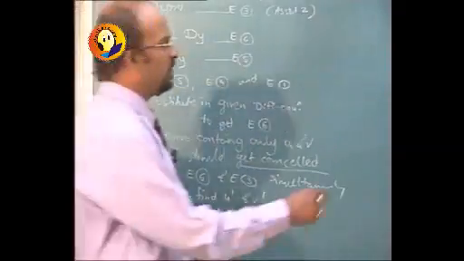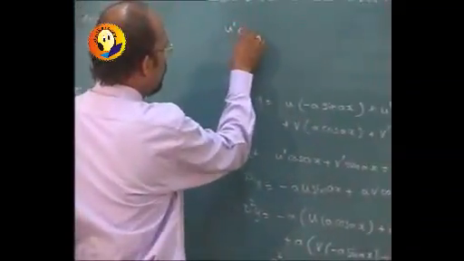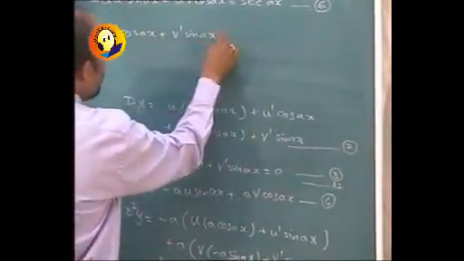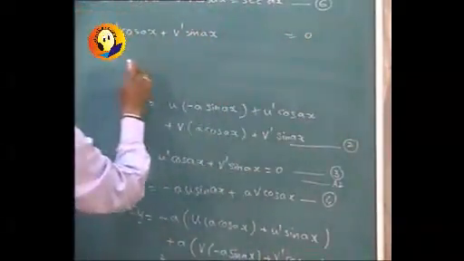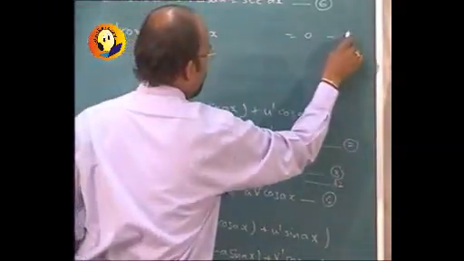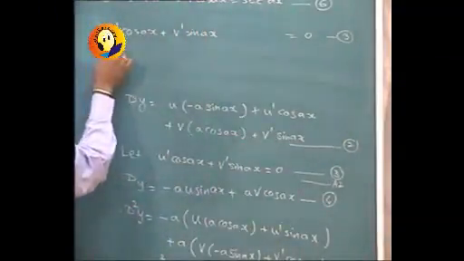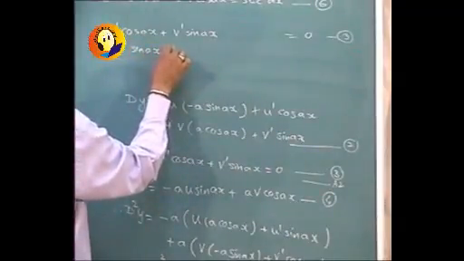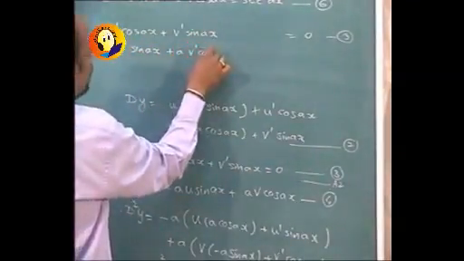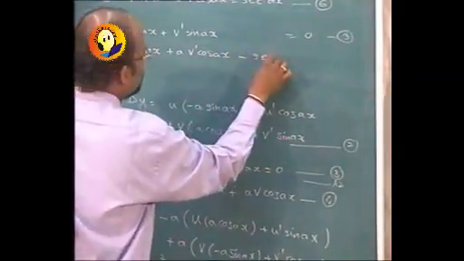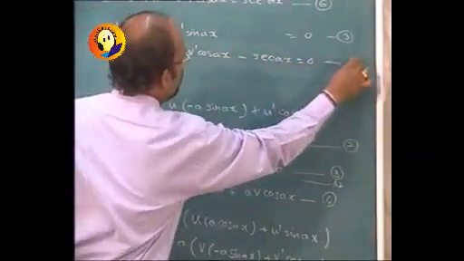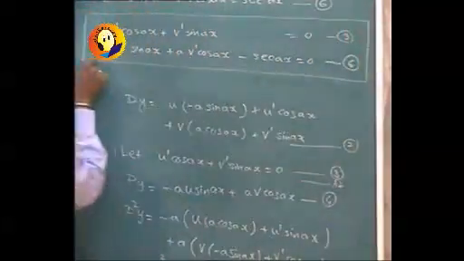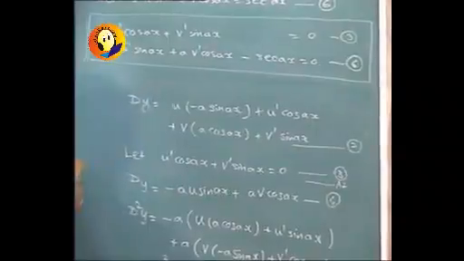Equation number 3 was u dash cos ax plus v dash sin ax is equal to 0. And equation number 6 is minus a u dash sin x plus a v dash cos x minus sec x equal to 0. These two are to be solved simultaneously to find u dash and v dash.